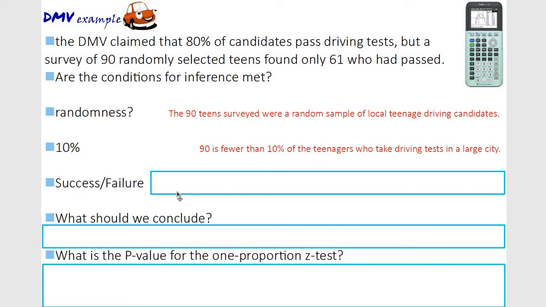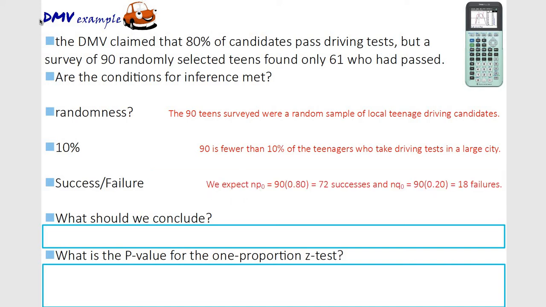Either way, in most cities, 90 is going to be less than 10% of all the teenagers. Your success/failure check would be this: the number of trials times the probability of success, then the number of trials times the probability of failure. Here, both of those numbers, 72 and 18, are greater than 10.